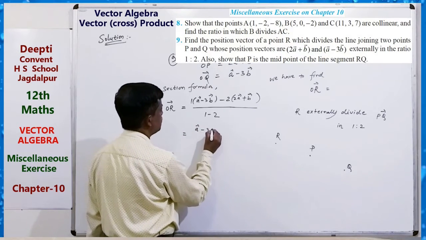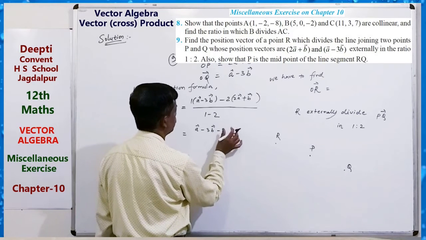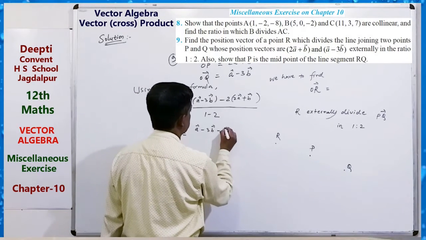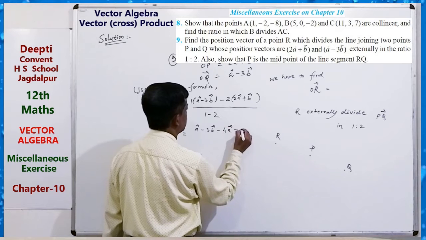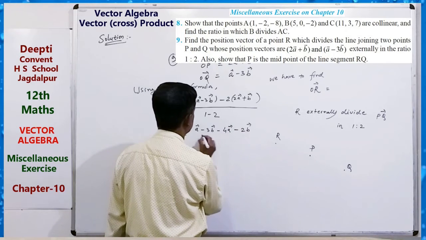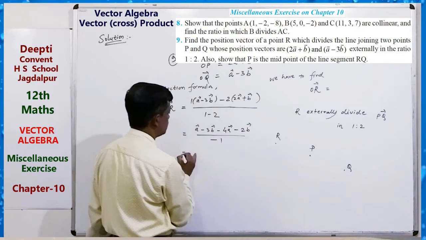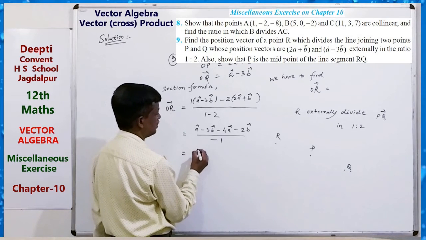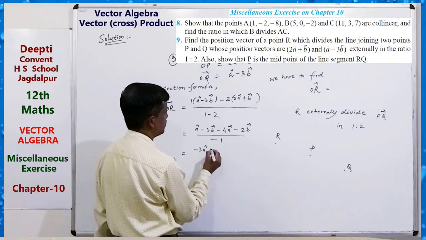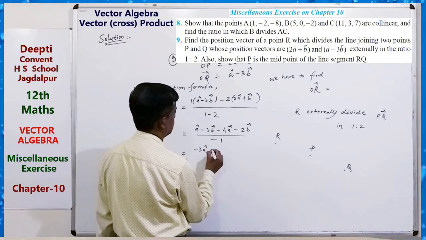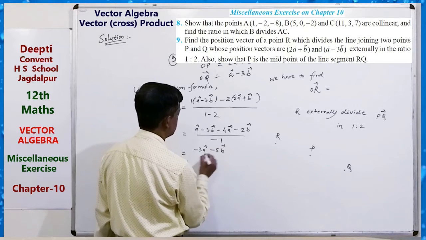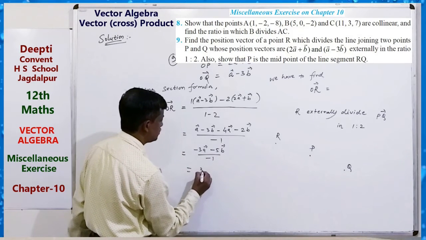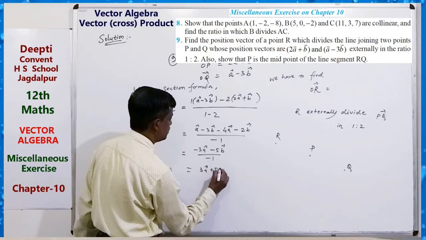Now, (a minus 3b minus 4a minus 2b) upon minus 1. So here we see that (minus 3a minus 5b) upon minus 1 means 3a plus 5b.